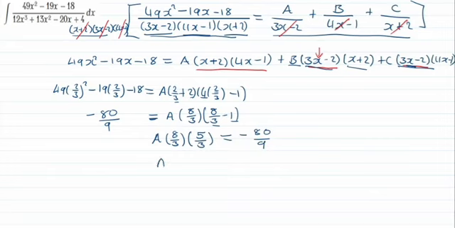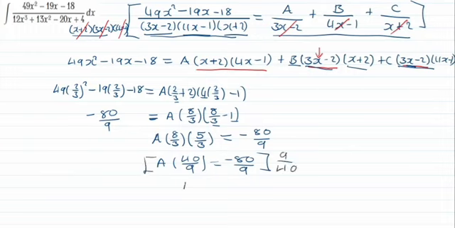Simplifying, when you multiply 8 times 5, we get 40 over 9, equal to negative 8 over 9. Multiplying everything by 9 over 40, 9 and 9 will cancel out, and we only have our a as negative 2. So that's the first part.